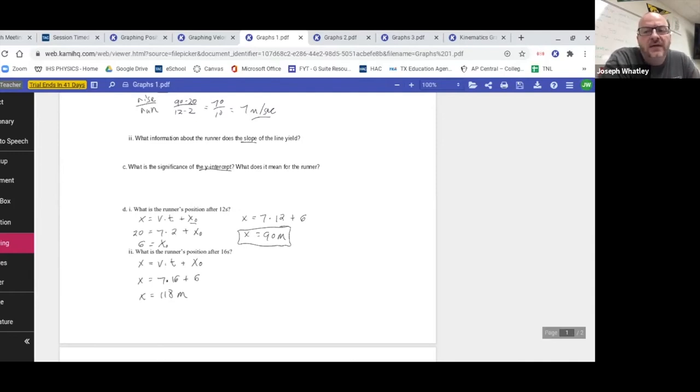I always write the equations because it helps me learn them. I didn't memorize these equations; I learned them because I wrote them every single time I needed them. That helps me learn what's going on and identify things sooner. So my fact for these questions is simply x equals v times t plus x naught. That's my fact, and now I'm going to use it to solve.